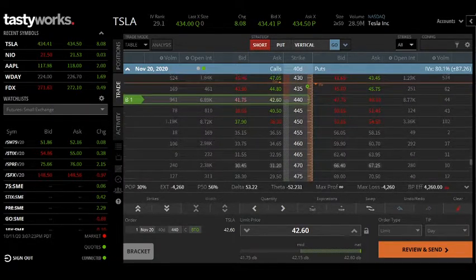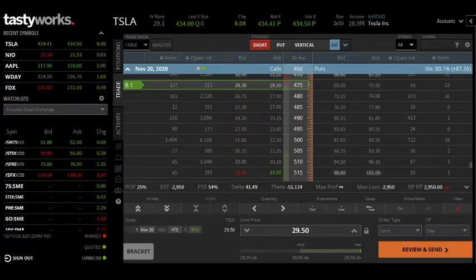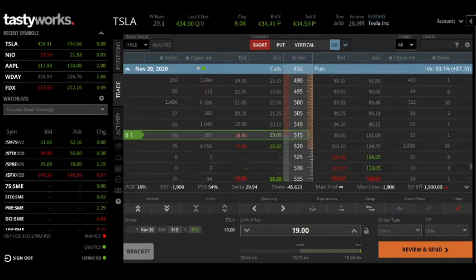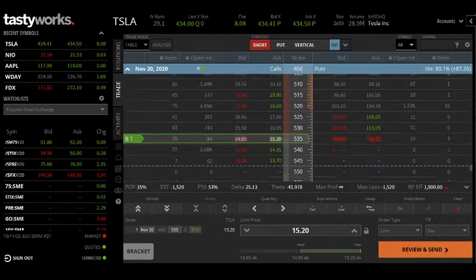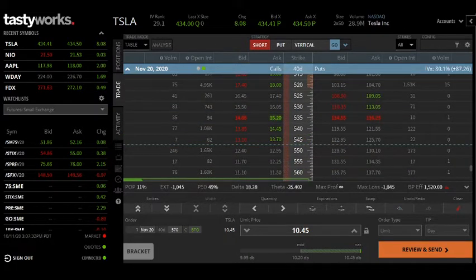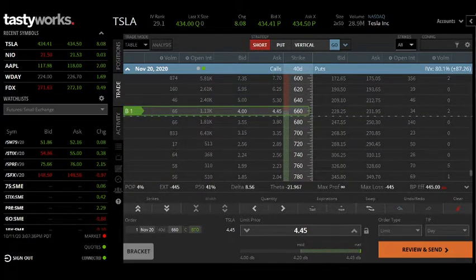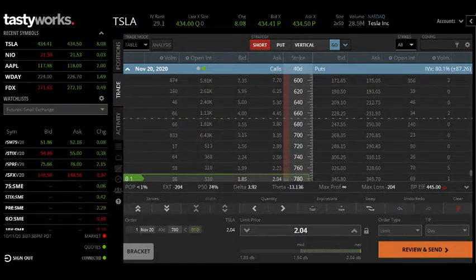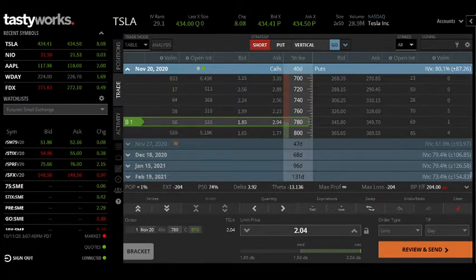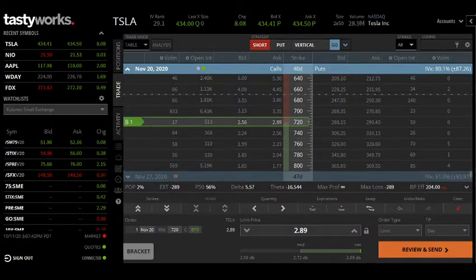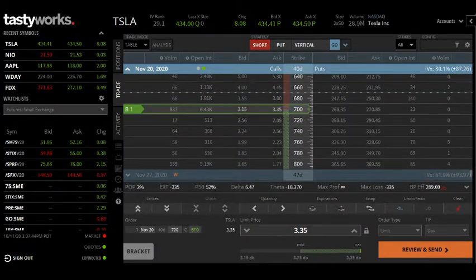First and foremost, you're going to have to go super far out of the money to even try to get something with Tesla at a 40-day expiration. You're $200-$300 out of the money just to have the same cost basis as using that 350 buying power.